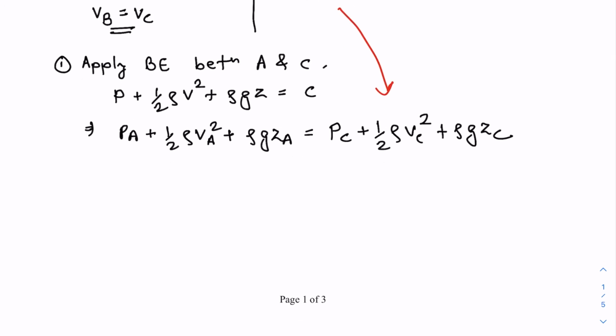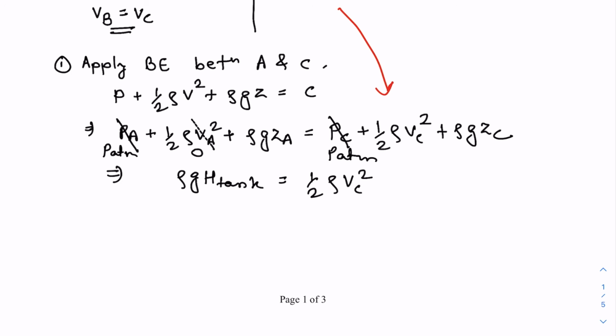What you will get is PA and PC are both equal to atmospheric pressure, so they get cancelled out. V is 0, and ZA is basically H tank. So this is equal to half rho VC square plus, and ZC is nothing but minus H end.